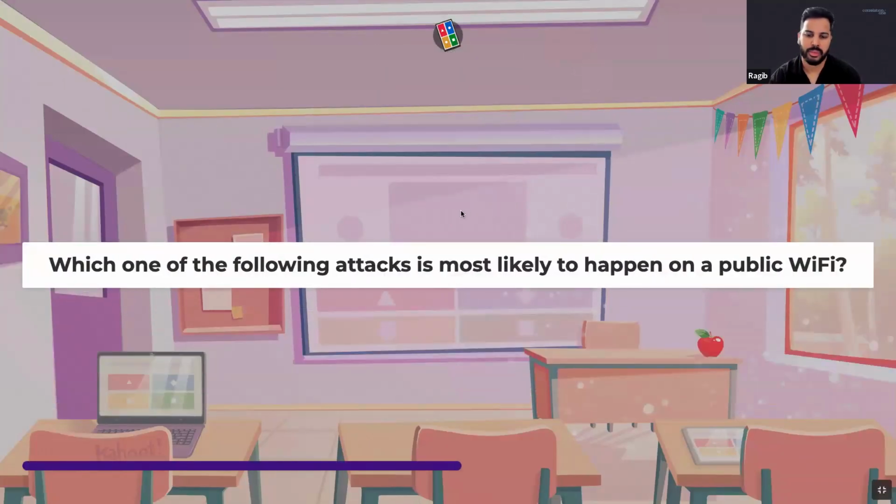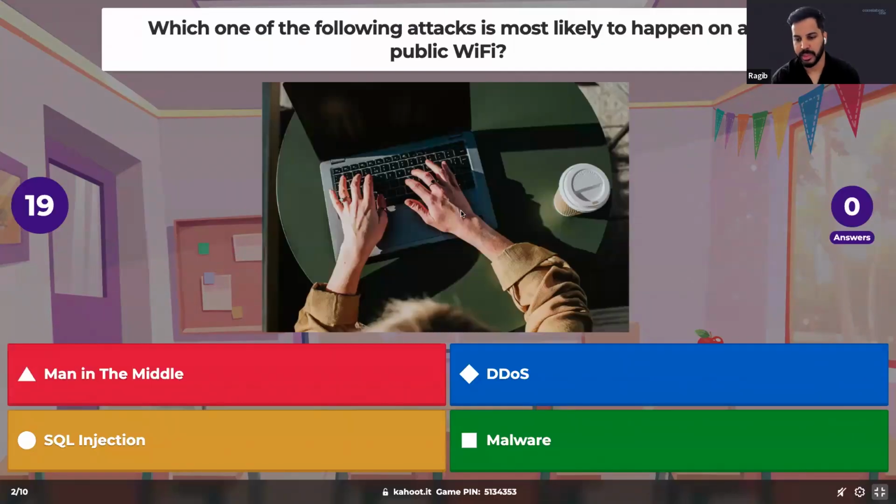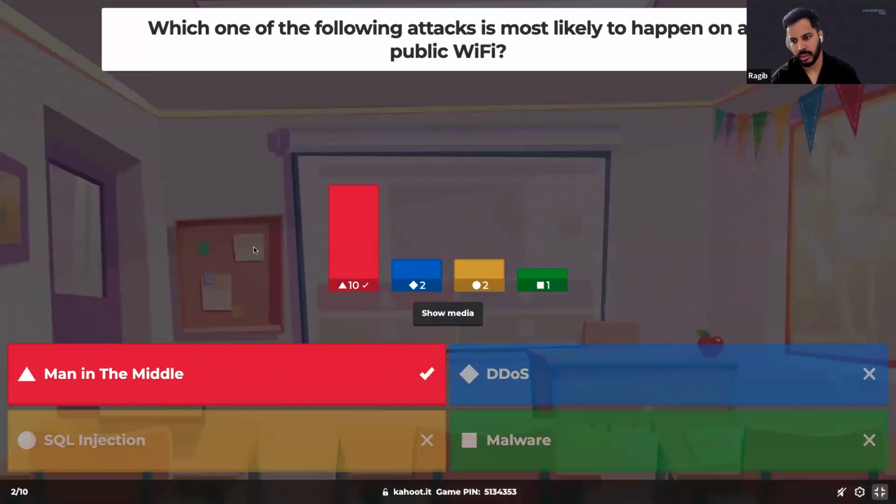Which one of the following attacks is most likely to happen on public Wi-Fi? We gave an example about logging into the bank, if you guys remember. Yeah, man in the middle.